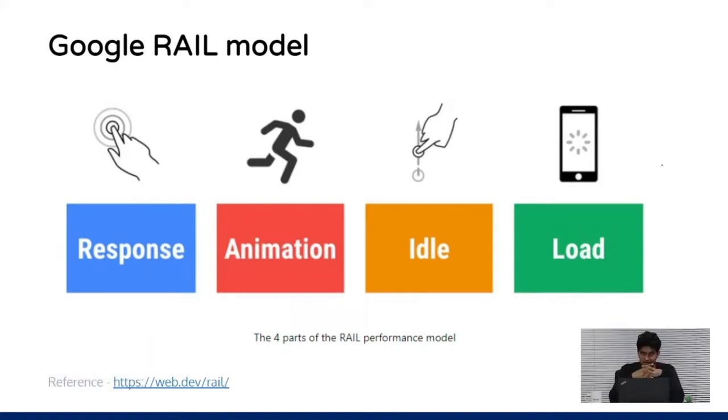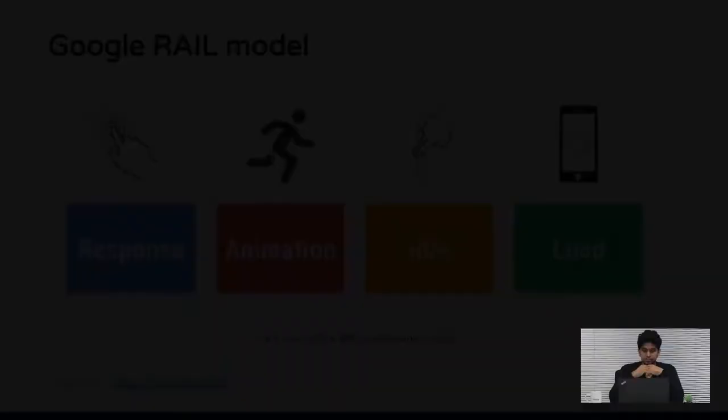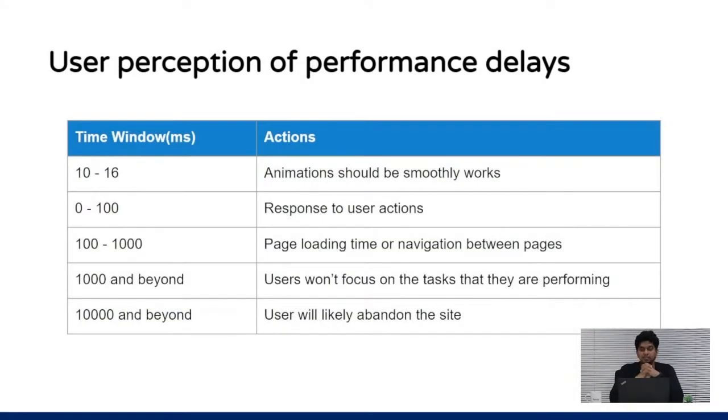This model considers user experience in some actions like response, animation, idle, and load. With this, the user expects performance in different aspects. So we'll see the user perceptions of performance delays.